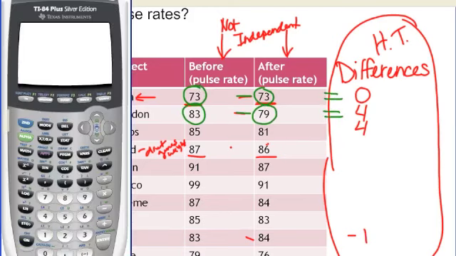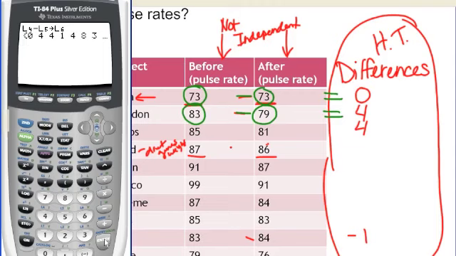My calculator can do that all at the same time. I'm going to take my list 4, subtract my list 5, and store it in list 6. It's pretty cool, right? So you should go and verify that it's in list 6. You don't have to type it in.